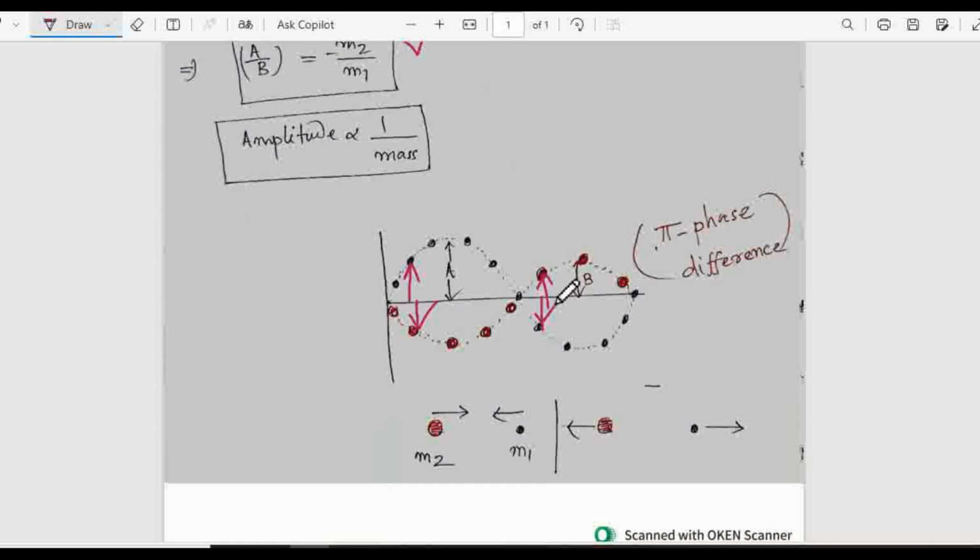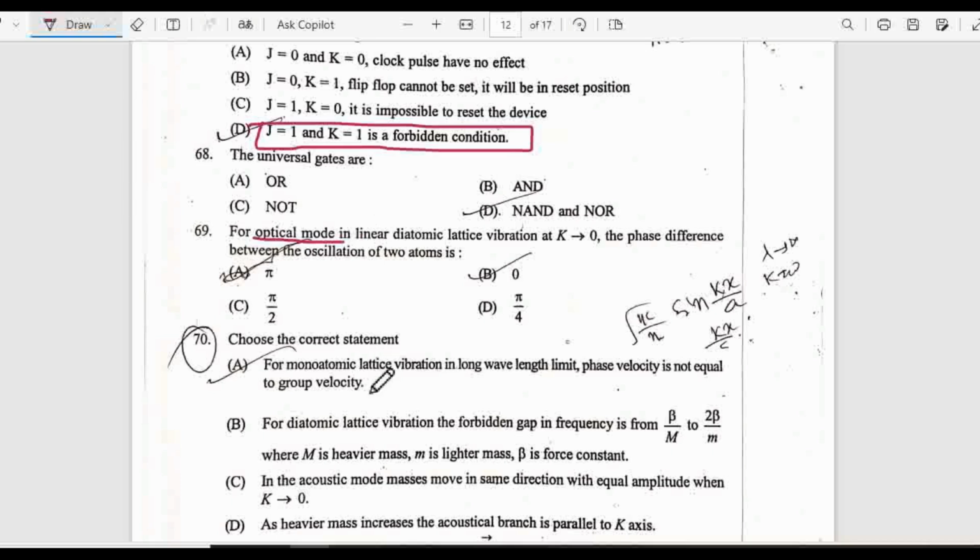So these two waves, the first wave and the second wave, are out of phase, with a phase difference of pi. This is the solution of question number 69.